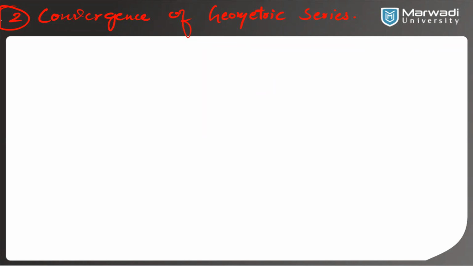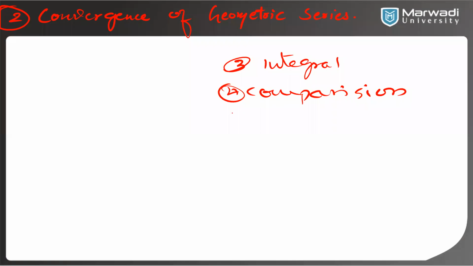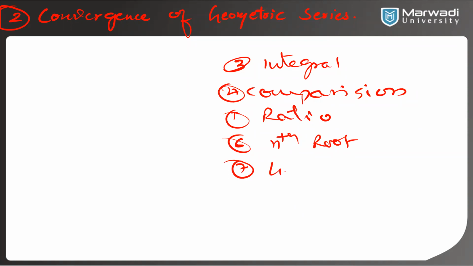So in a sequence, this is the second test. ऐसे ही I will discuss a few more. ये second, third होगा integral, fourth होगा comparison, fifth होगा ratio, sixth is nth root, seventh is Leibniz, 8 number is power.